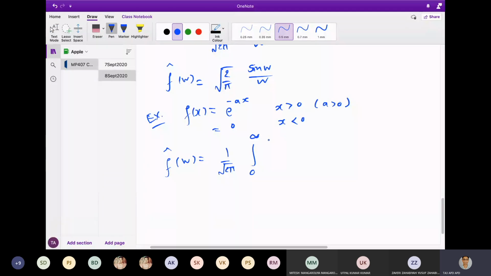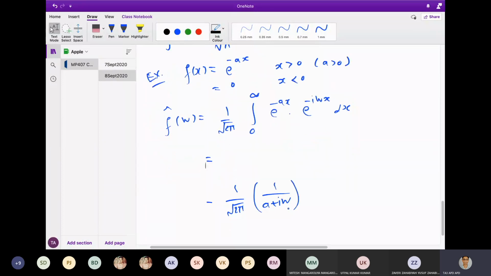So e raised to minus ax into e raised to minus i wx dx. Okay, so this is a very simple integral, so I would just expect you to do it. So this is going to be equal to 1 over under root 2 pi times 1 over a plus i w. So you should get this answer.